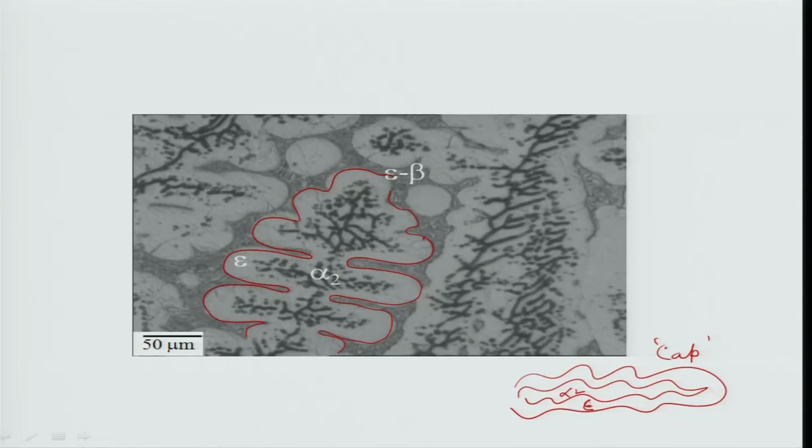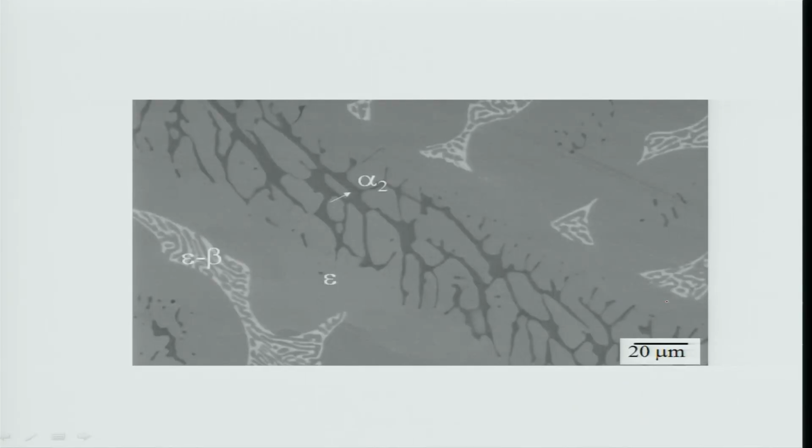Now if you look at this part carefully, these portions in between the dendrites, these are the interdendritic spaces, there is eutectic actually, which will be clear here. You can see here, this is the eutectic between epsilon and beta, correct. So let us now discuss more about this peritectic reaction. This is a scanning electron micrograph of the same alloy.